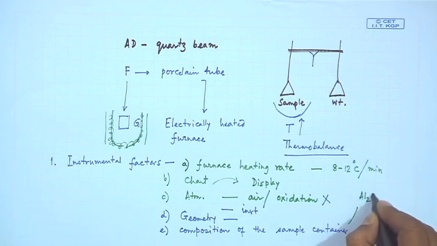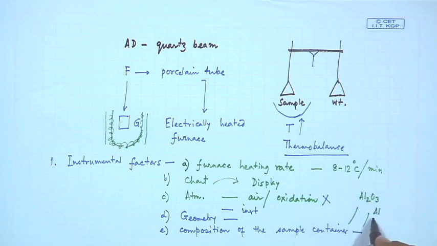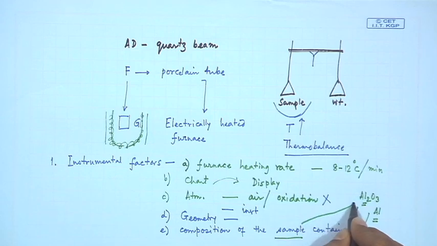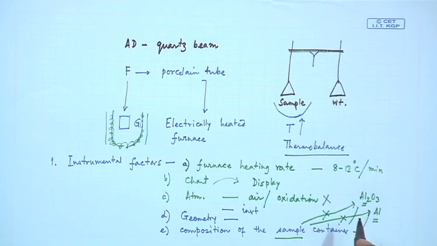Nowadays we use alumina crucible, sometimes we can use only aluminium crucible. So, if we use some aluminium based crucible, alumina or aluminium metal foil, these samples should not react with that material, otherwise there will be some other reaction which we cannot monitor and which we do not want to see for this particular process.